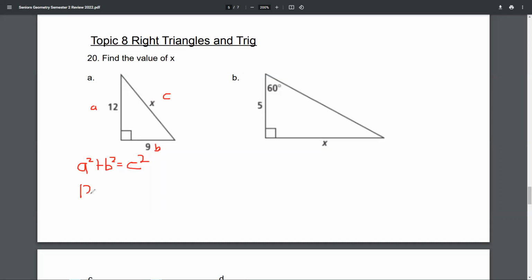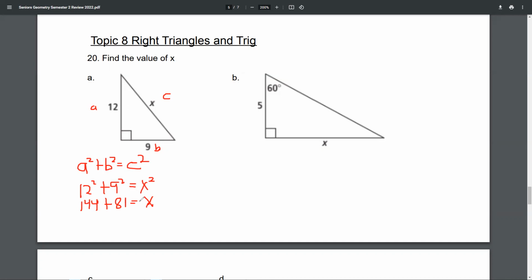So we have 12 squared plus 9 squared equals c squared, or x squared. We can substitute in x for c. 12 squared is 144. 9 squared is 81. Add those together. That should be 225.